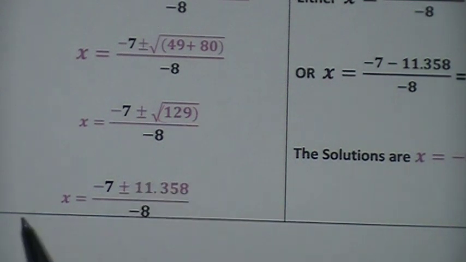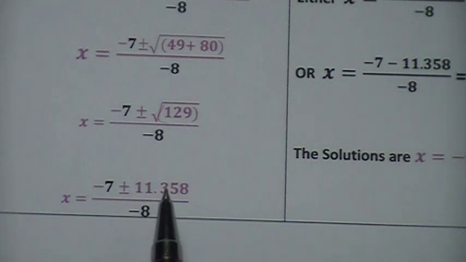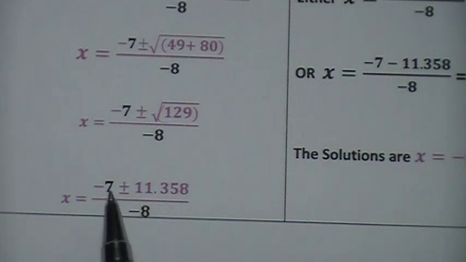So what we're going to do, we're going to separate this fraction into 2 parts. We're going to find the sum of these 2 numbers and then the difference of these 2 numbers. So we're going to have negative 7 added to 11.358, and we're going to have negative 7 minus 11.358.